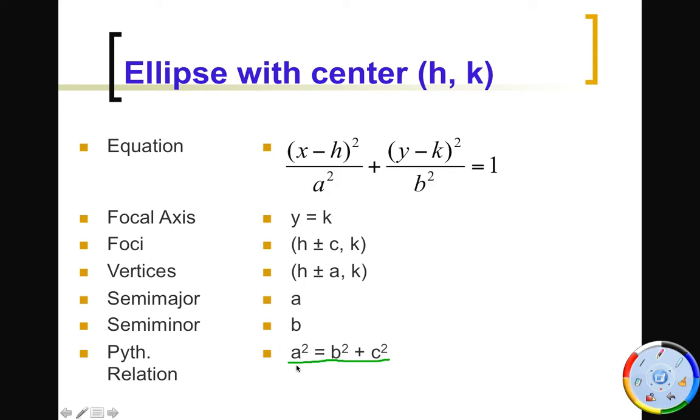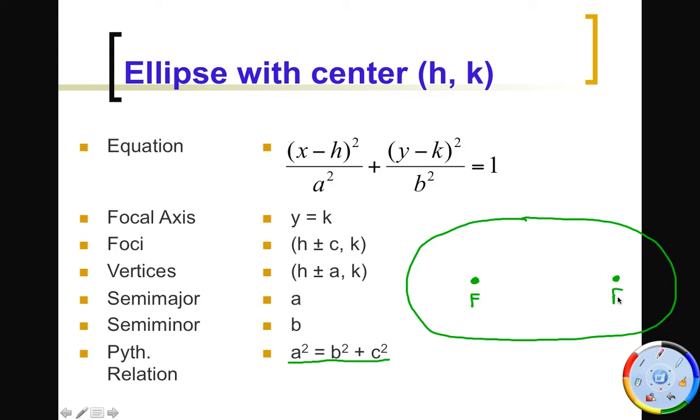Well, if a is the longest side, and you notice that a goes underneath the x, this particular ellipse is going to be short and fat, is what I call it. And I have my two focal points, and I have my center.